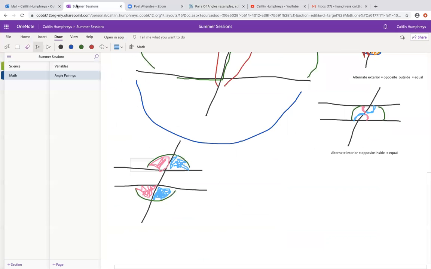Let's think logically. If these two angles equal 180, and this angle equals 180, we know these two are equal, and we know these two are equal. Do you see, if you find the pattern, does that make sense? I'm not explaining this well. I'm gonna get a better video definition for same side exterior.